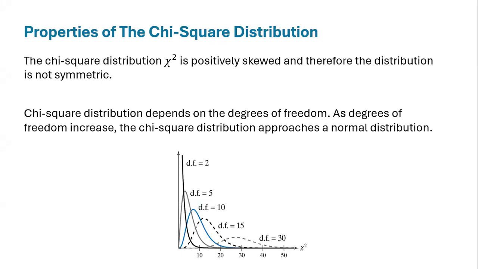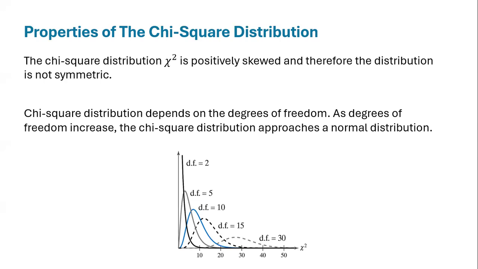But the only difference that the chi-square distribution has is that it's not a symmetric distribution. It's always positively skewed, or we can say it's a distribution which is skewed right. If you remember, when we talked about the z distribution or the t distribution, we said that they are normal distributions. They are symmetric.